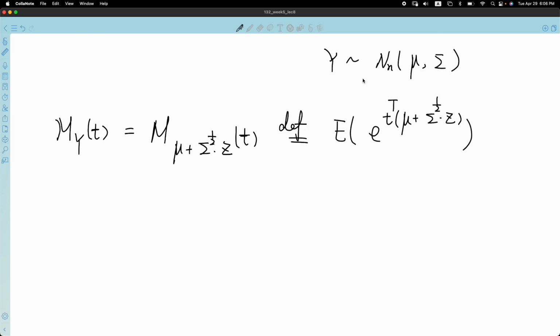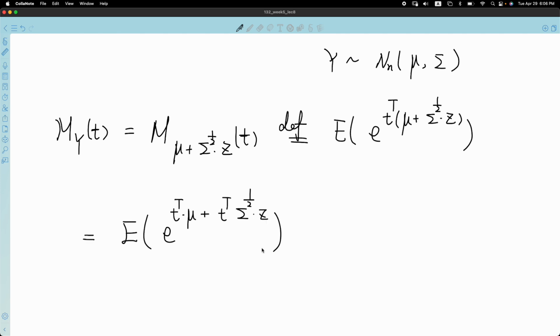Okay, next, let's distribute the t into the sum here. Expectation e, and then you will have t transpose multiplied by mu plus t transpose sigma 1/2 multiplied by z.